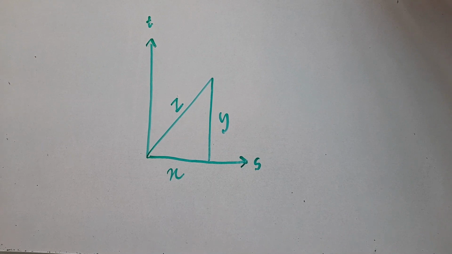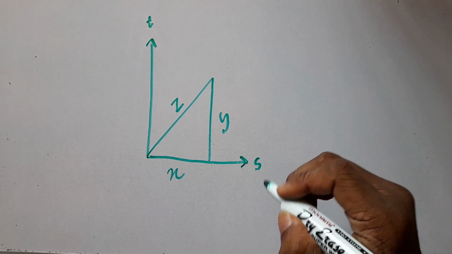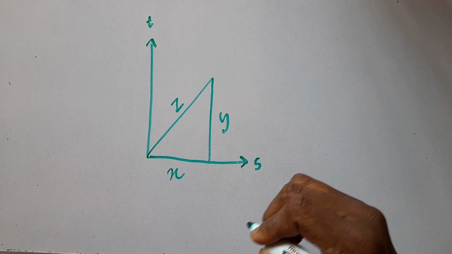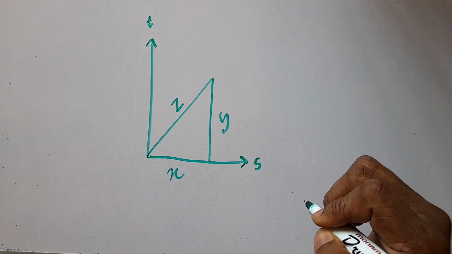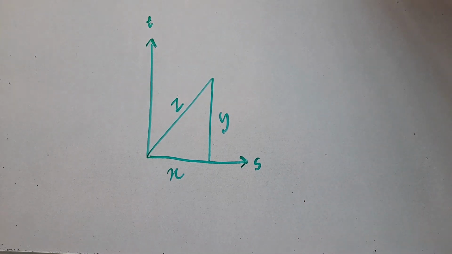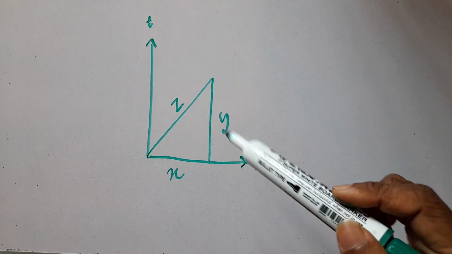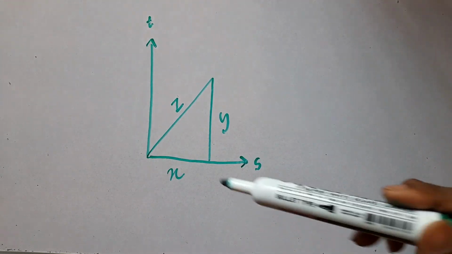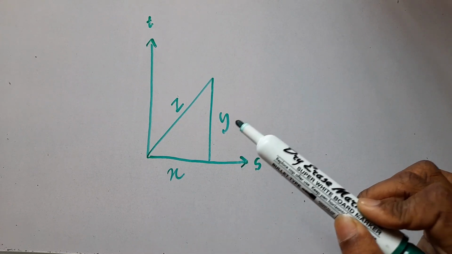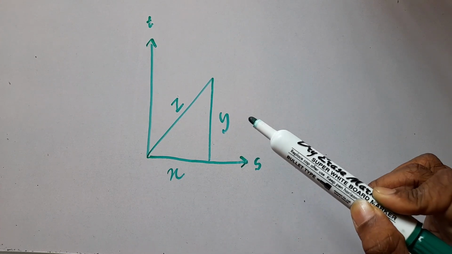At a glance, one might think that z squared is equal to x squared plus y squared, but actually z squared is equal to y squared minus x squared. That's how things work in space-time. In regular Euclidean space, if we have a right-angled triangle with side lengths x, y, and z as shown in this picture, z squared is equal to y squared plus x squared.